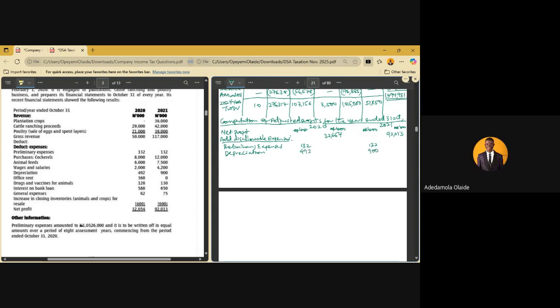Then office rent allowable, drugs and vaccines for animals allowable, interest on bank loan allowable, except they now tell us the loan wasn't used for the purpose of the business. General expenses allowable, increase in closing inventory. That one is adjustment for cost of sales. So all of it is allowable, and we don't have non-taxable income. So we'll just add this up. What do we have? 624.